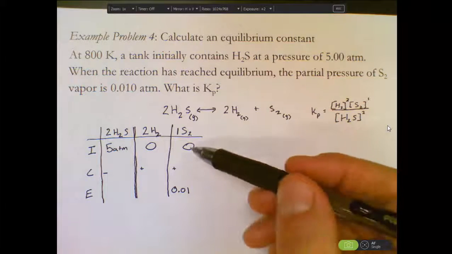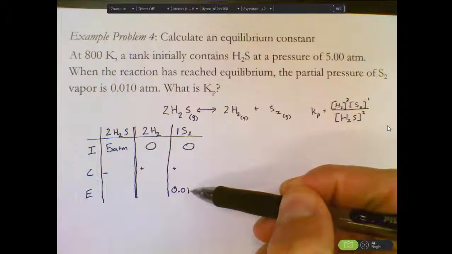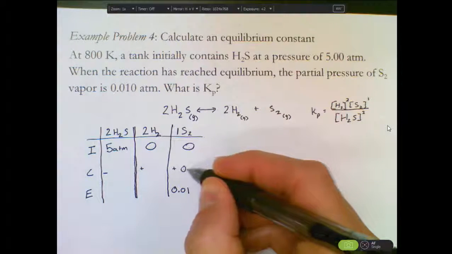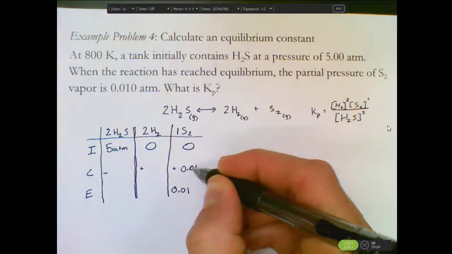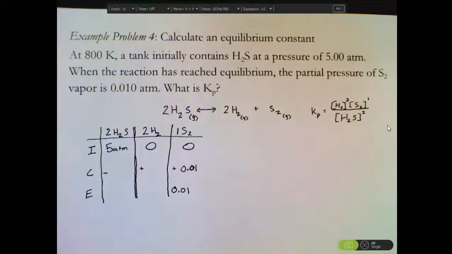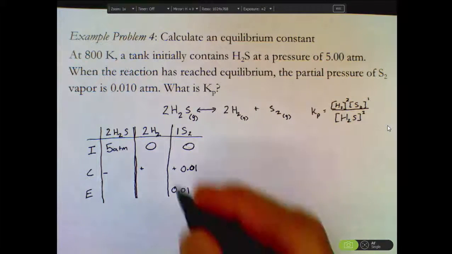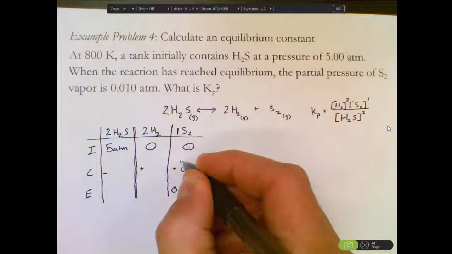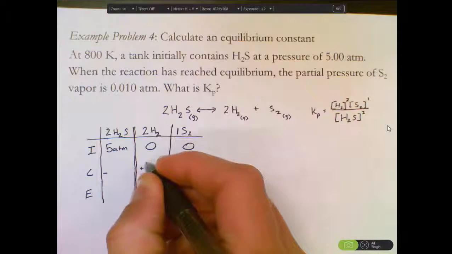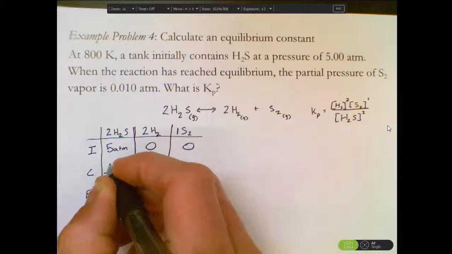Since we know going from 0 to 0.01 was an increase of 0.01, that was the amount that was changed. We know that this is going to be 1x. This is equal to 1x, or 2x, and this is equal to 2x.